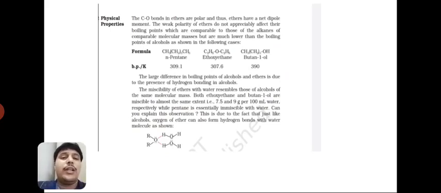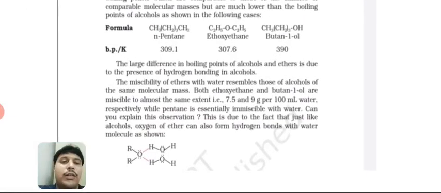But students, I already cleared the point. If any electronegative element is there, it can form hydrogen bond if it attaches with a water molecule or dissolves in water. So the hydrogen of the water molecule forms hydrogen bonding with the oxygen of ether in the pattern which you see on this screen.